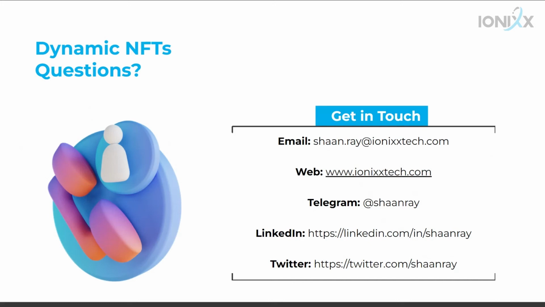A DAO is almost like a digital company. It's a decentralized set of logic of an organization that they've translated into code, whether business logic, organizational logic or charitable logic. So a DAO is like a company. A dynamic NFT is just an NFT that sits on a token.